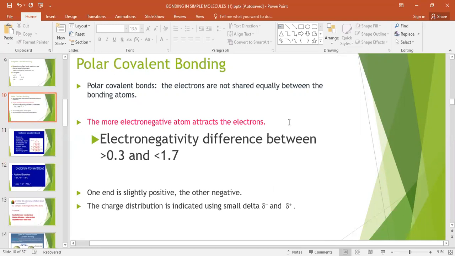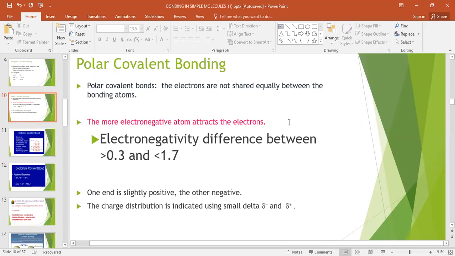What if it is greater than 1.7? Greater than 1.7, till 2 or more than 2, it is an ionic bond, not covalent. Okay? So if you get a value between 0.3 and 1.7, in between these two numbers, which type of covalent bonding is it?